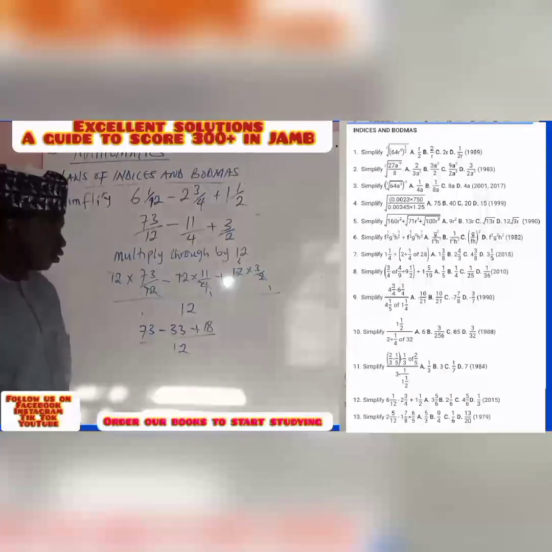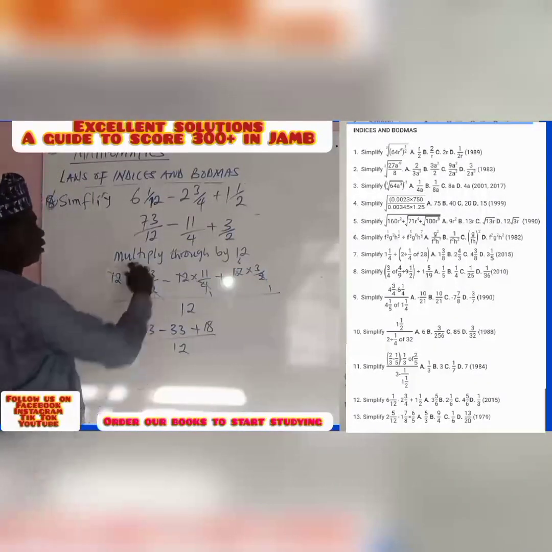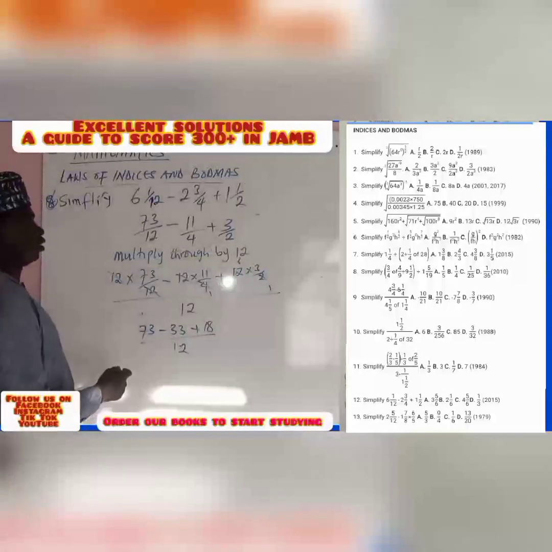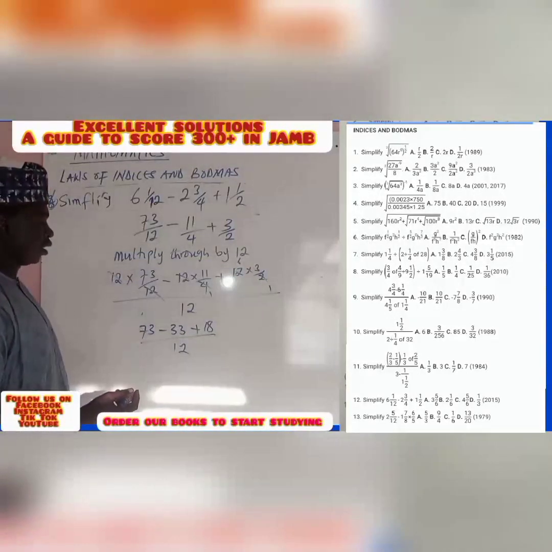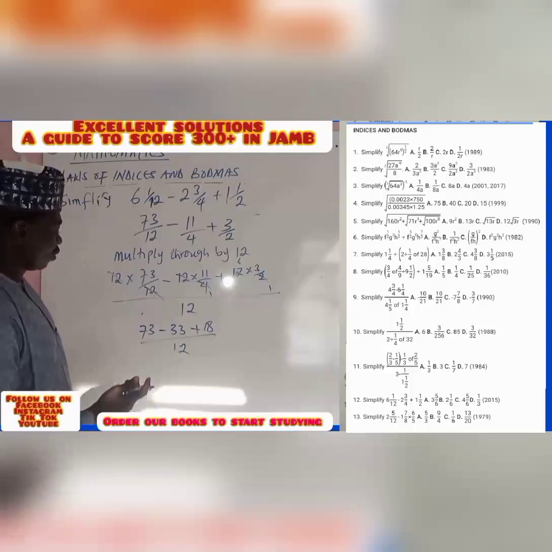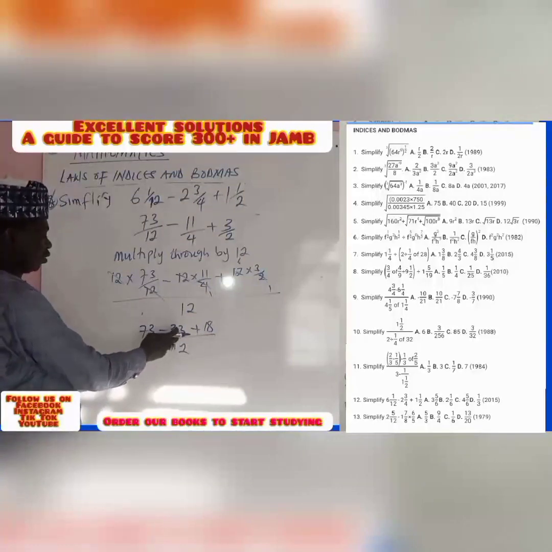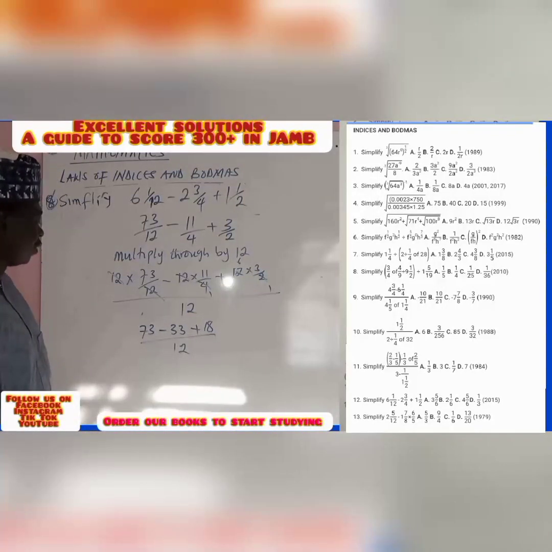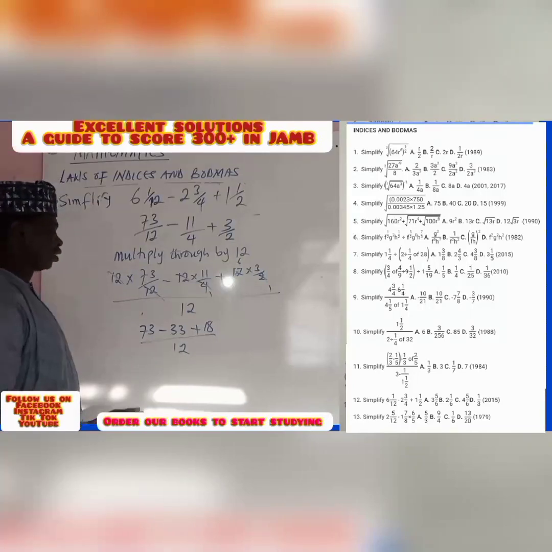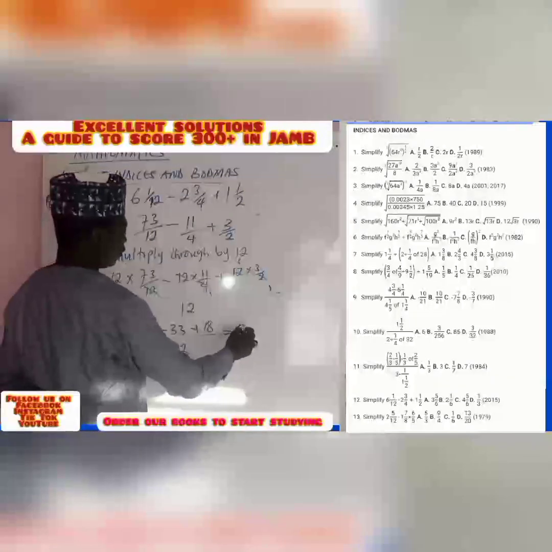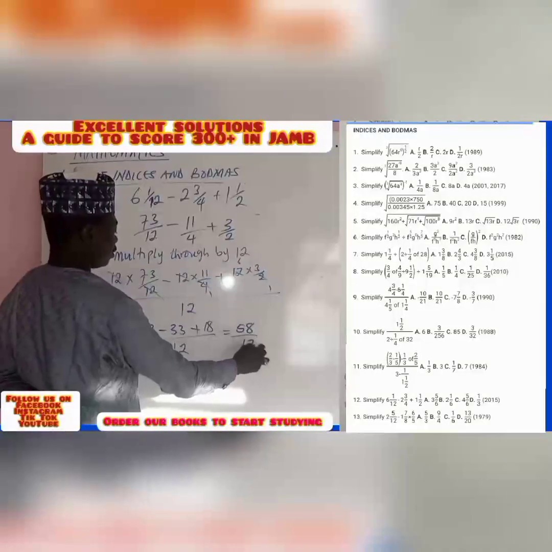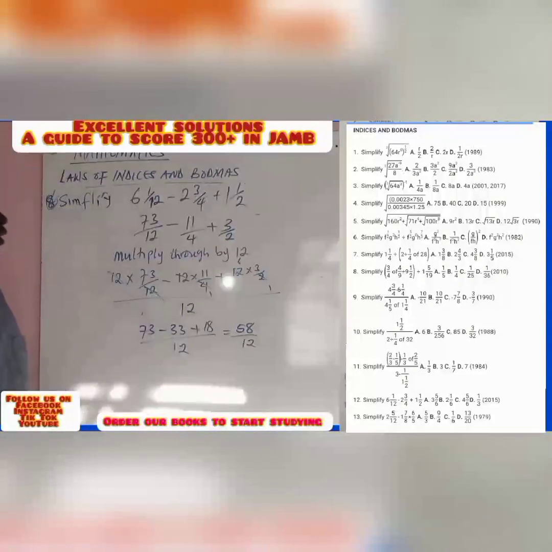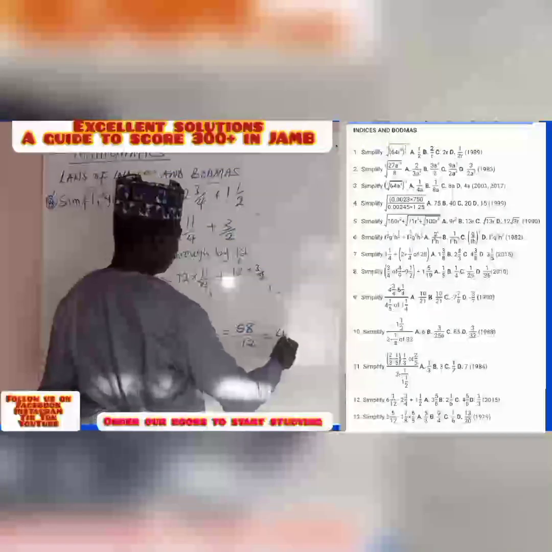12. So we multiply the numerator and the denominator by 12. So here we are going to have 73 minus 33, we have 40, 40 plus 18, we are going to have 58 over 12. So we divide 58 by 12. 58 divided by 12, we have 4 whole number.